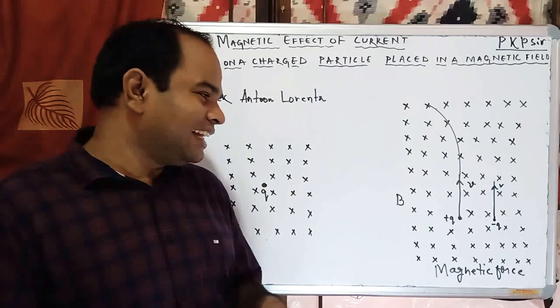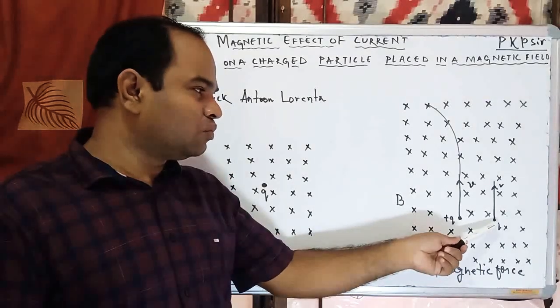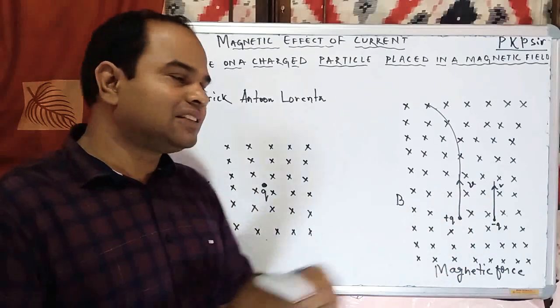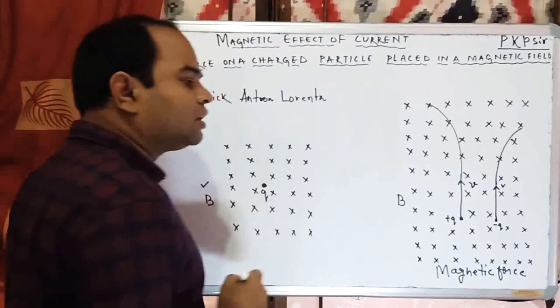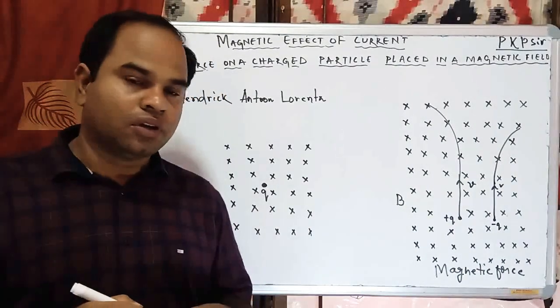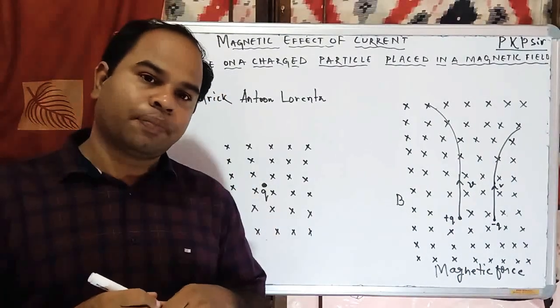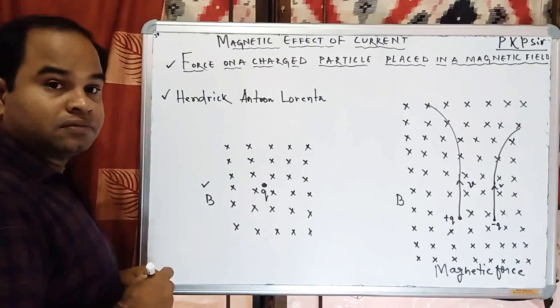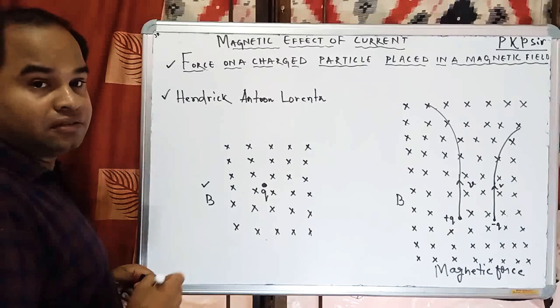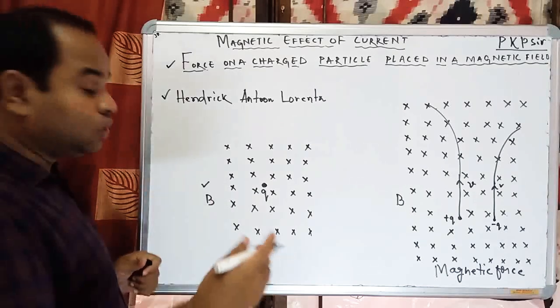But whenever a negative charged particle is allowed to move with velocity, in that case the deflection is opposite to the direction of positive charge. Okay, from all this we can conclude that whenever a charged particle is placed at rest in a uniform magnetic field, it experiences no force.